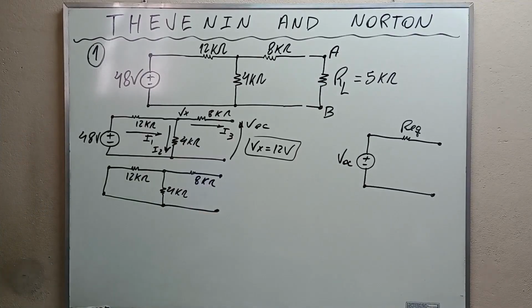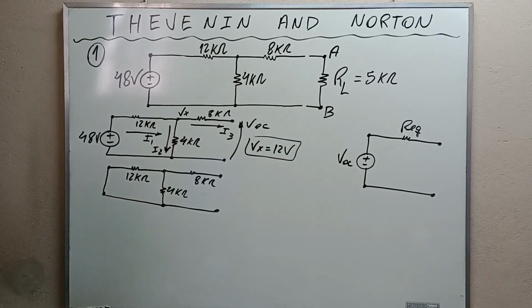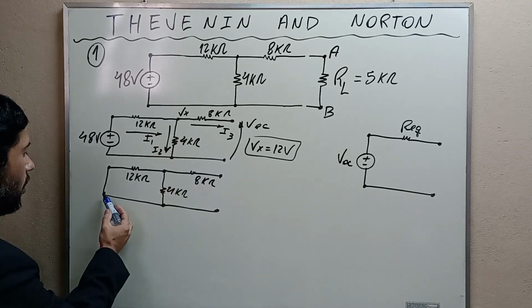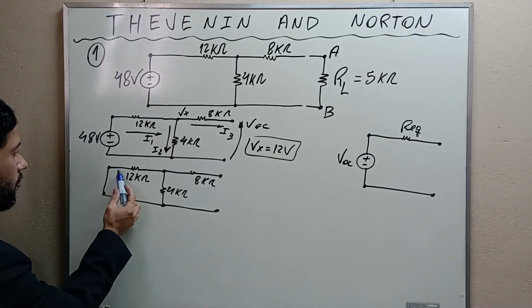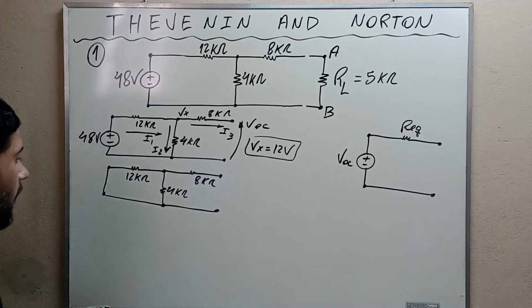Alright, we have to reduce this into a single resistance. Firstly, we're going to combine these two resistances that are connected in parallel. And how can we know that they are connected in parallel? They are connected in parallel because they share two terminals, okay? This is common to this and this is common to this. Can you see?